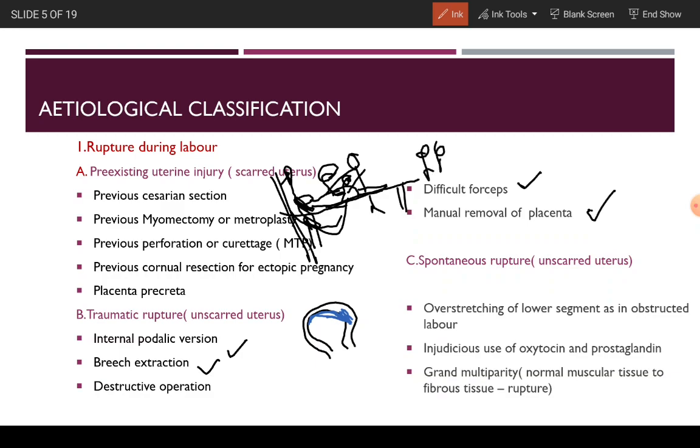She is a multiparous woman. All these are her children. So all this time after delivery, the uterine tissue has got some fibrosis that can easily get ruptured, or it can be because of the overstretching of lower segment as in obstructed labor.